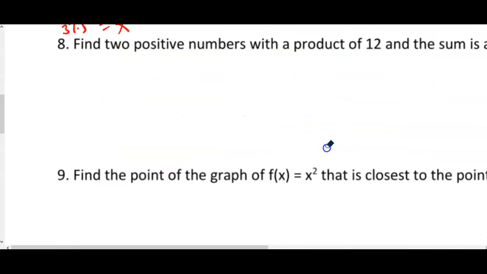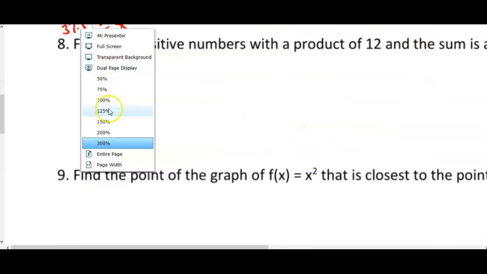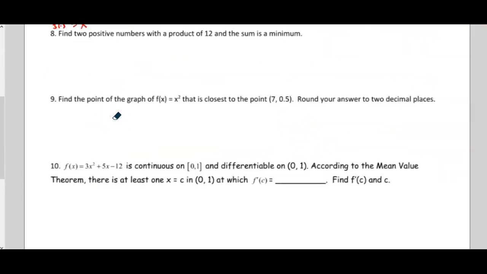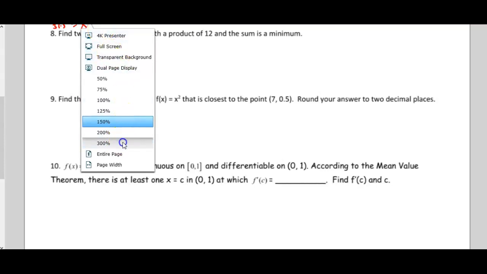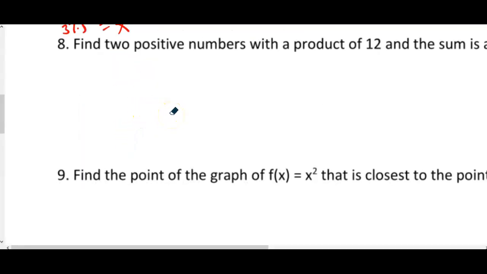All right. Now, this problem right here says find two positive numbers with a product of 12 and the sum is a minimum, okay? Let me zoom in right here. So we got find two positive numbers.